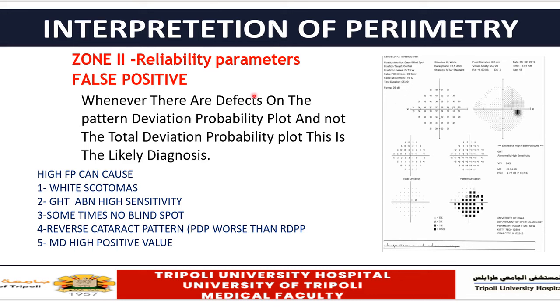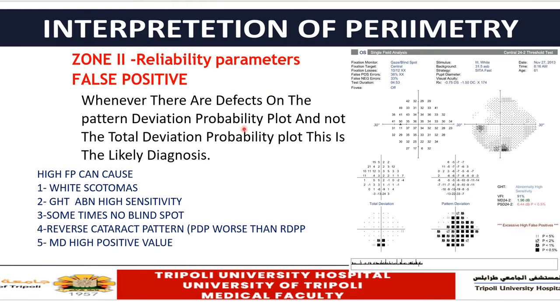So this is an important parameter, because the presence of false positives will affect the pattern deviation probability plot and the total deviation probability plot, because in the numerical plot you will find extensive high sensitivity in the numerical data, and this will be reflected back into the glaucoma hemifield test. You will find it outside normal limits, in the mean high sensitivity of the retina. And also in the grayscale, you will find white scotomas, because this is an abnormally high sensitive retina.